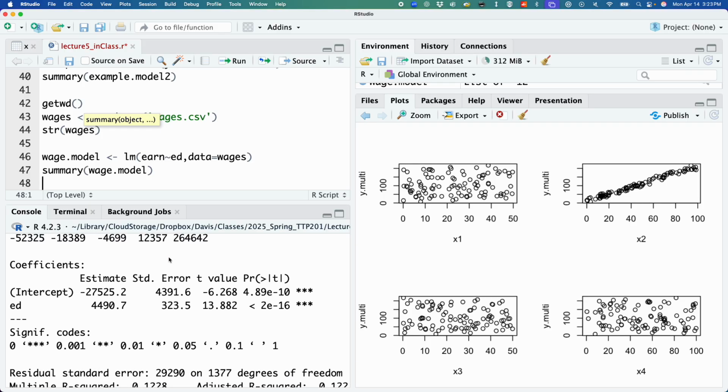Somebody help me out here. Let's not focus too much right now on the quality of the model, and let's focus just on interpretation. I think this is the first regression that I'm running on real data, not made up stuff.